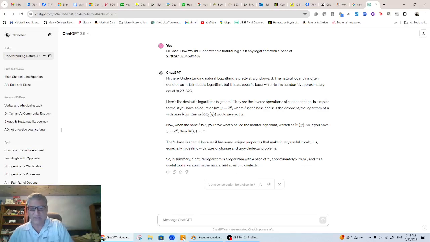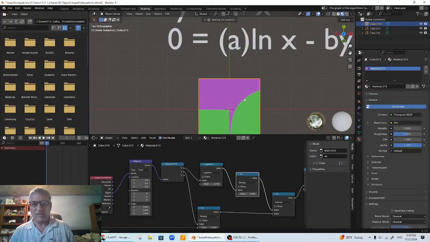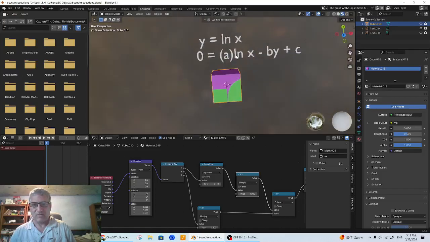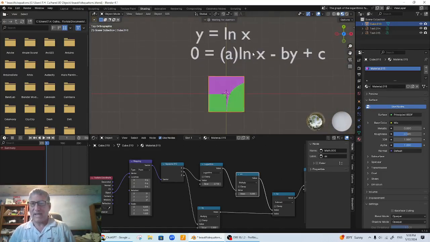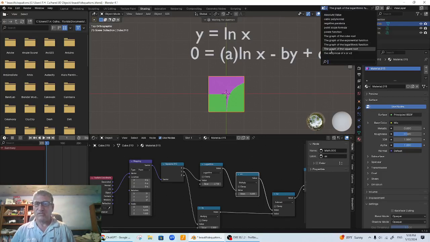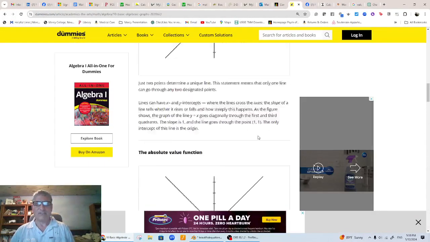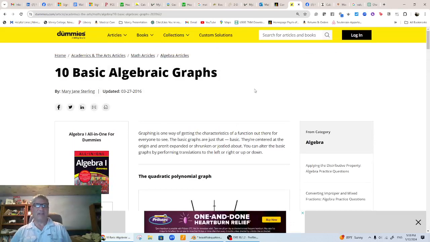It's a useful tool. Yes, so indeed, I got it right. I just don't understand why it produces that on the other side. But that's very, very cool. And what we have now is all of the different graphs that are called the 10 basic algebraic graphs.